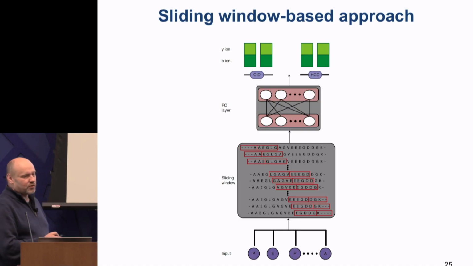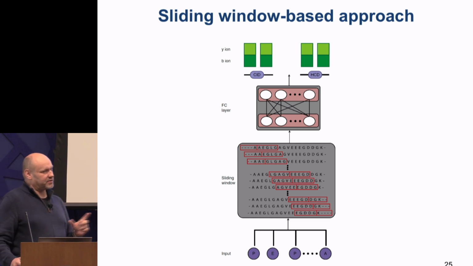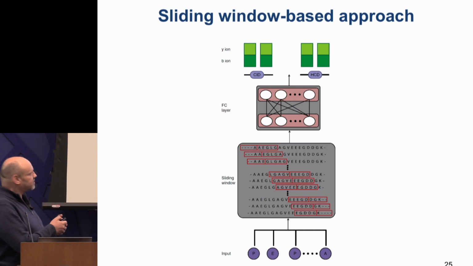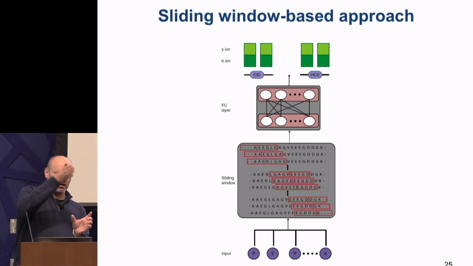So this other approach is a sliding window-based approach, and it's not so different from other sliding window approaches where you try to predict secondary structure or solvent accessibility. That has been done for, I don't know, 100 years or something like this, at least it feels like. We do the same here, just on the peptides, and always center the window around the bond for which we want to predict the intensity.